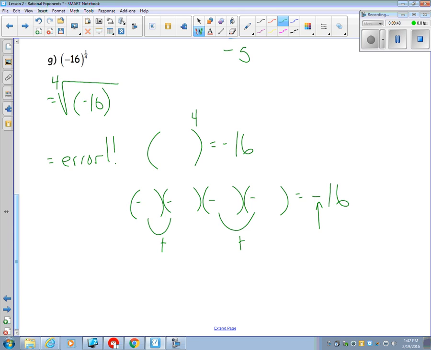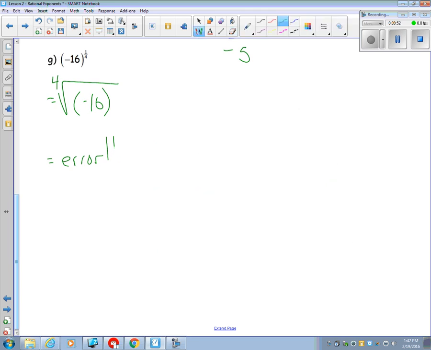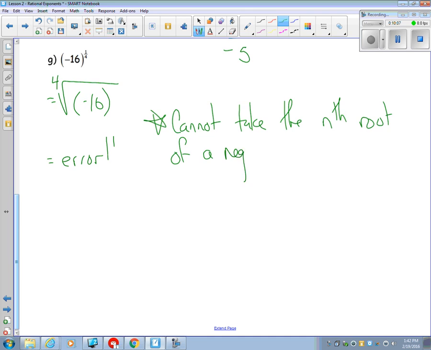So, a little star here for you, a big idea for you guys. We cannot take the nth root of a negative base if n, the bottom of your fraction, is even.